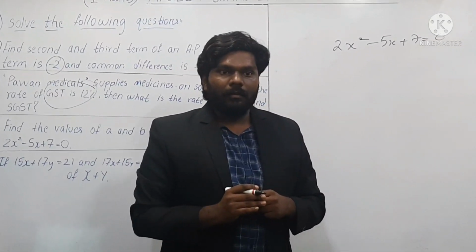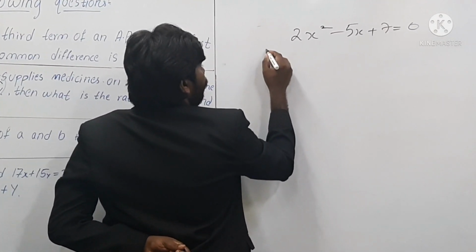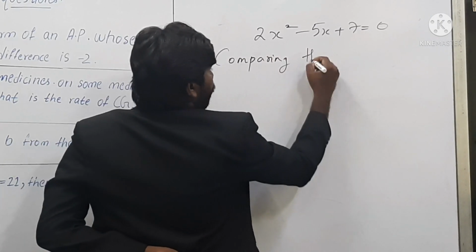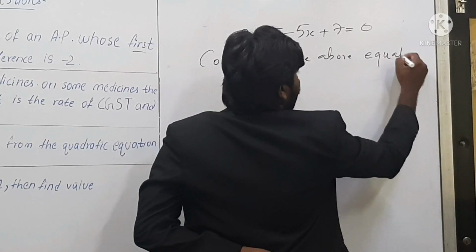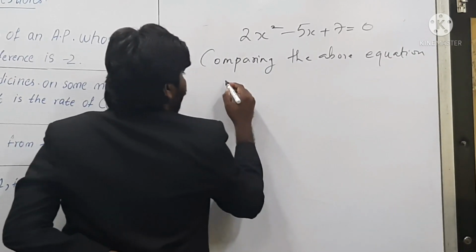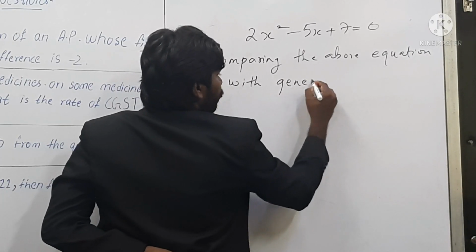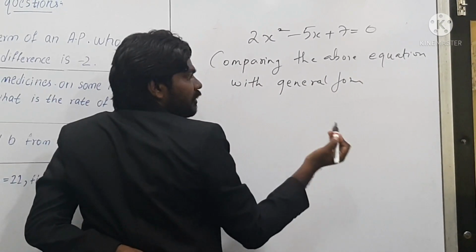So the very first thing, I will compare this quadratic equation with the standard form. Comparing the above equation with the standard form or general form. What is my standard form?